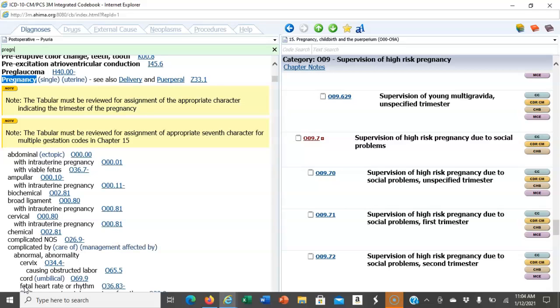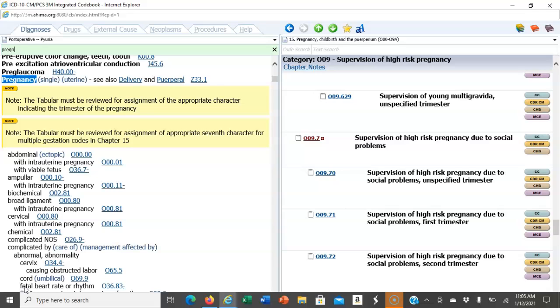We now have to code the fact that she has had a baby that's large for gestational age. So we're also going to be coding the fact that she is 40 weeks. This is a live-born infant, so our outcome of delivery is Z37.0. She had an episiotomy that was repaired, and this is considered to be a manually assisted delivery.